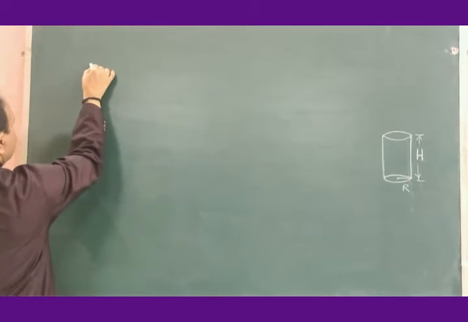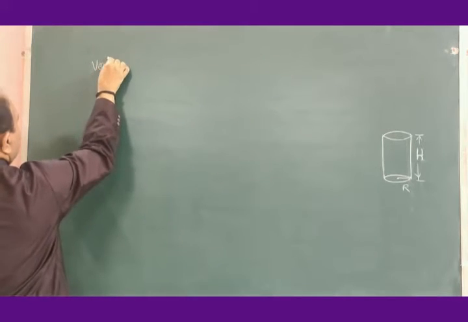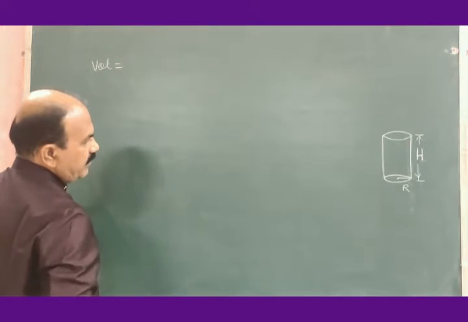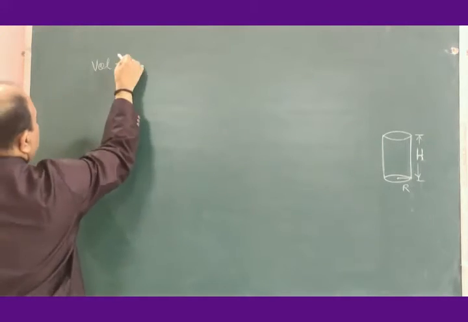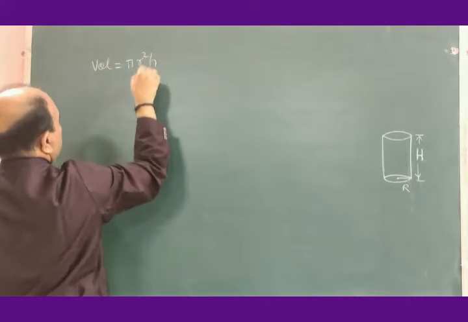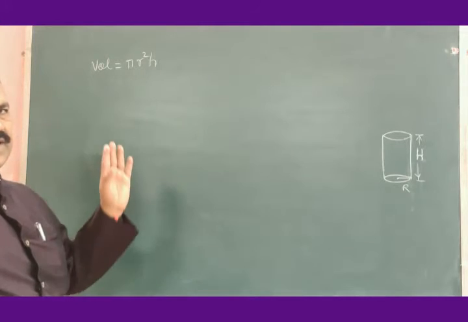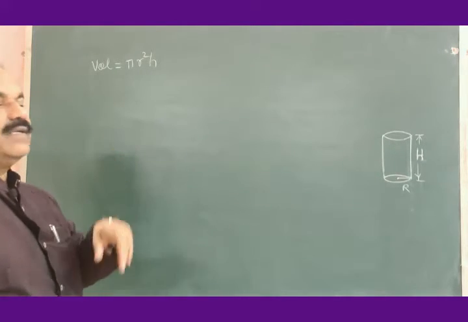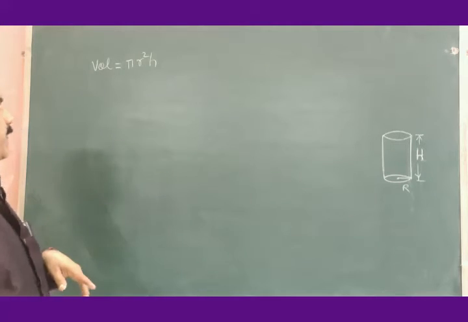Volume is given by pi r square h. Volume of cylinder is given by pi r square h.